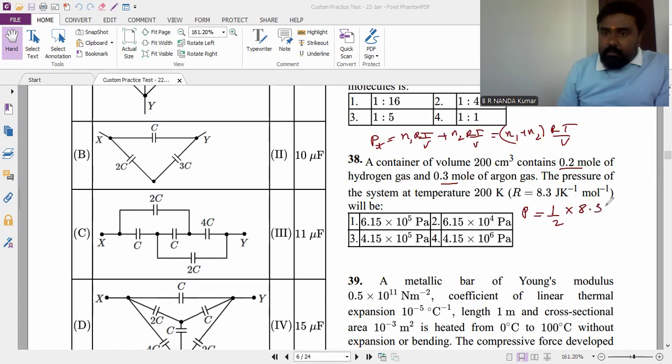R is 8.3 and temperature is 200, divided by V, which is 200 into 10 power minus 6 meter cube. So 200 cancels, and we get 4.15 into 10 power 6 Pascal. The fourth option is the right answer.